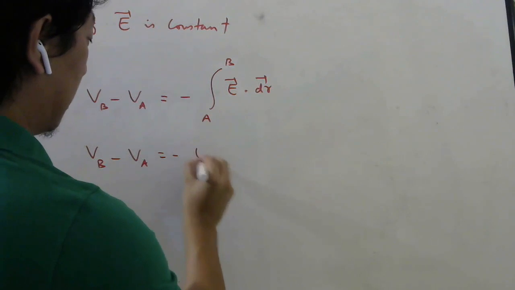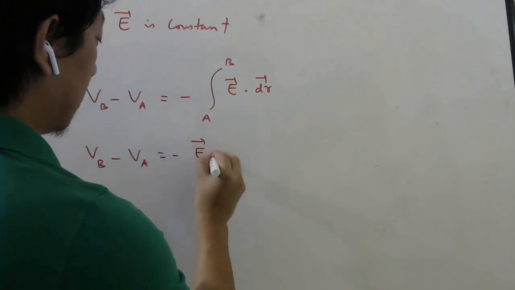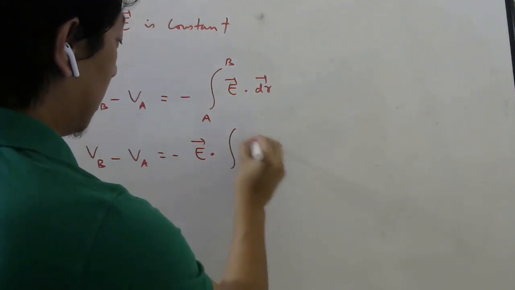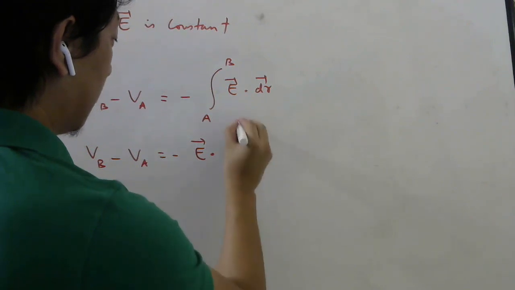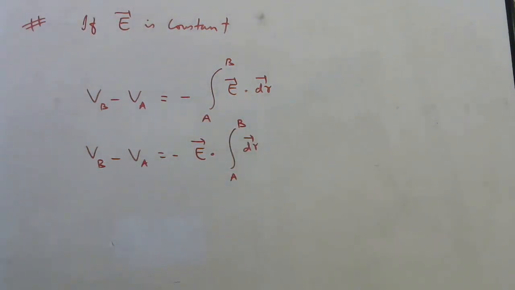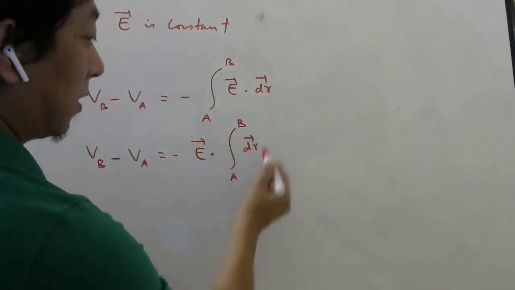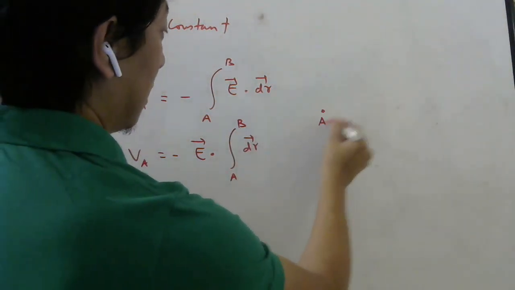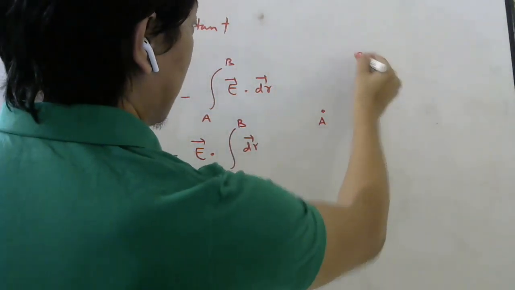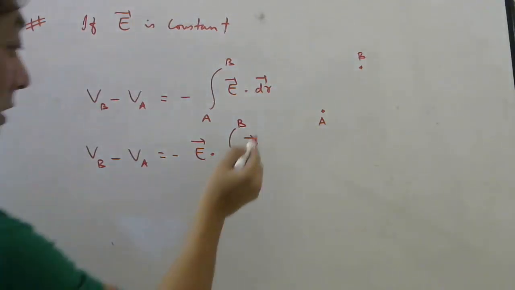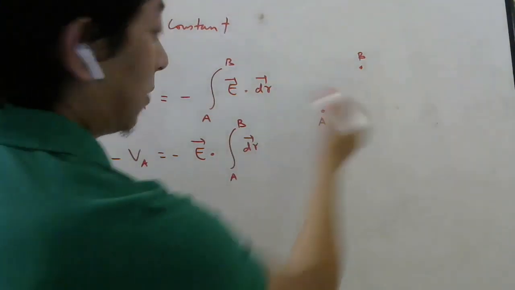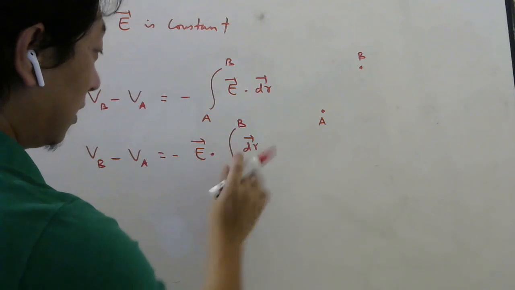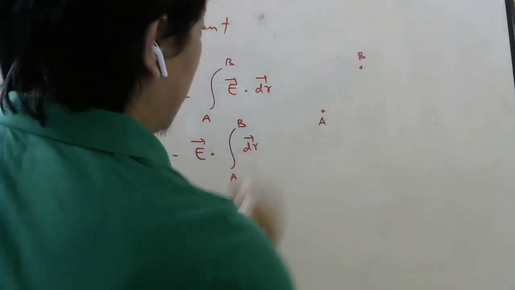The electric field I can take outside. Then what will be left? Integral of dr bar from A to B. A and B are 2 points in the electric field. Now what is this small displacement? Let us say this is A and some point B here. Then this dr bar represents a small displacement. If you integrate small displacement from A to B, what will you get?